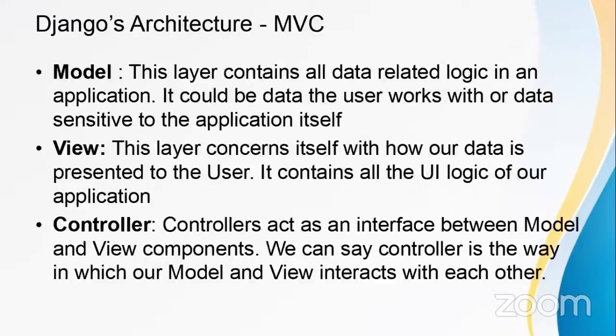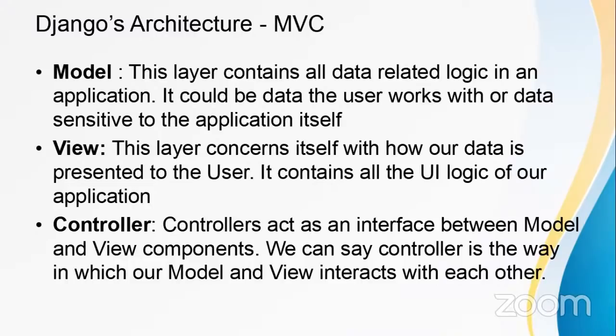The model is the layer that allows us to specify all the data-related logic in our application. For example, I have an application with a data model called users, and users have a name field, an age field, an address, something like that.